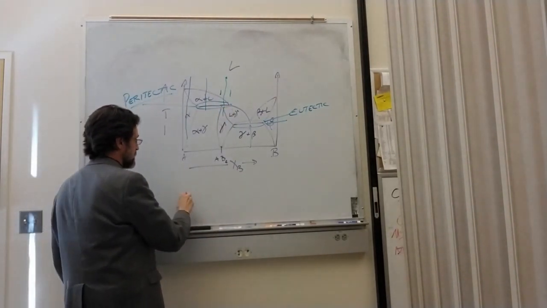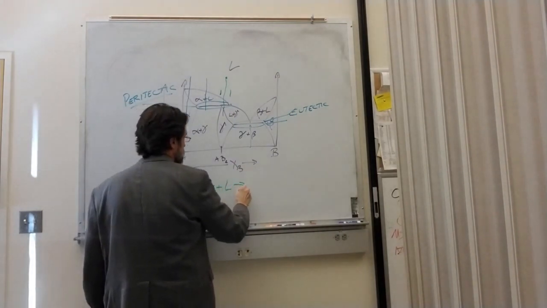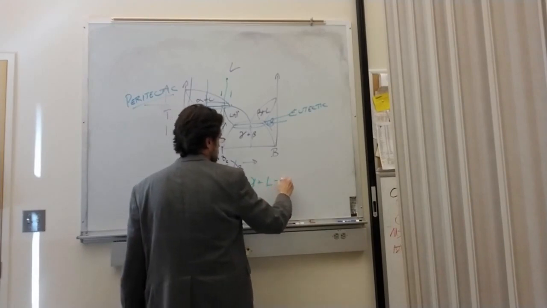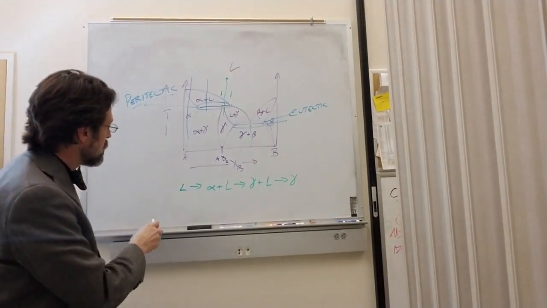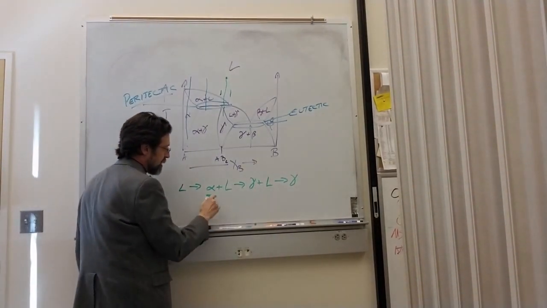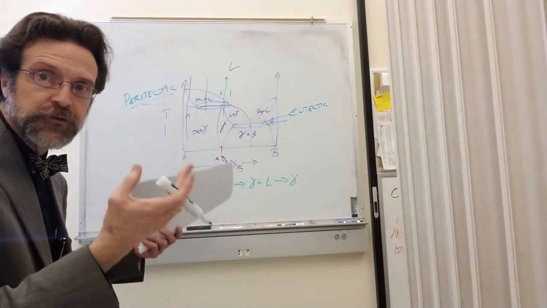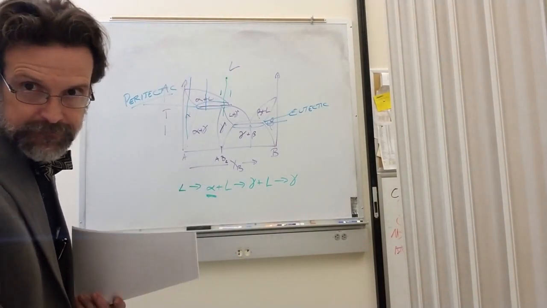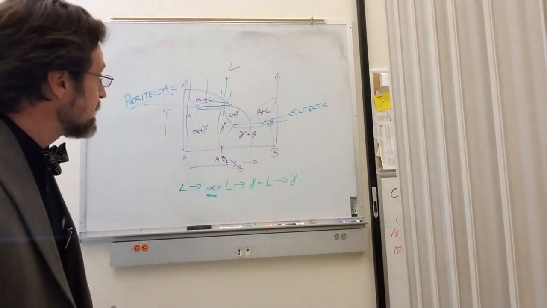So that, again, is going to be liquid going to alpha plus liquid, going to gamma plus liquid, going to gamma. What just happened was all of this alpha, which was a solid, all of a sudden has to be completely reabsorbed into the liquid, and it comes out as a completely different phase. So that is what makes the peritectic kind of interesting.